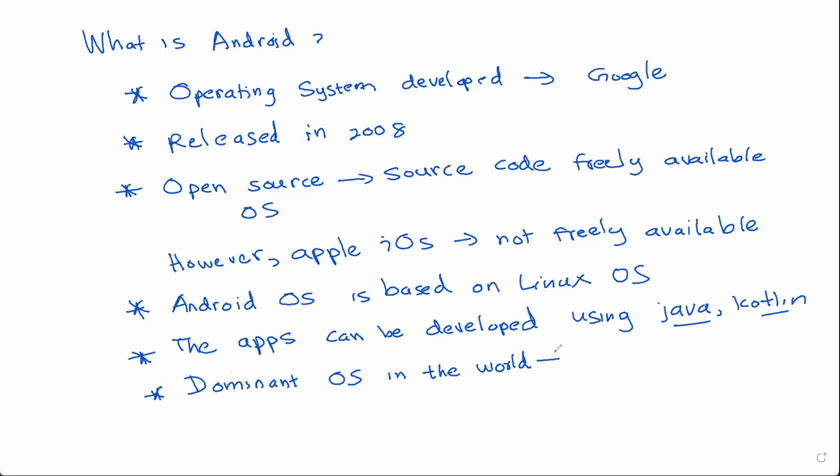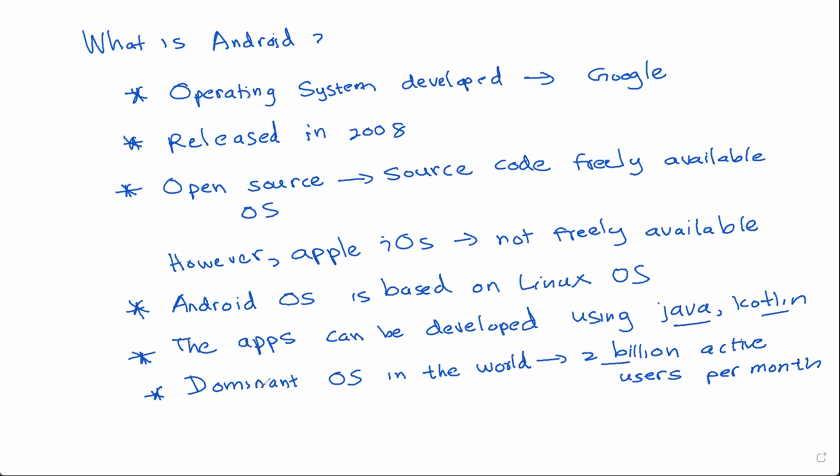More than 2 billion people use that per month. I mean, there are 2 billion active users per month who use the Android operating system.